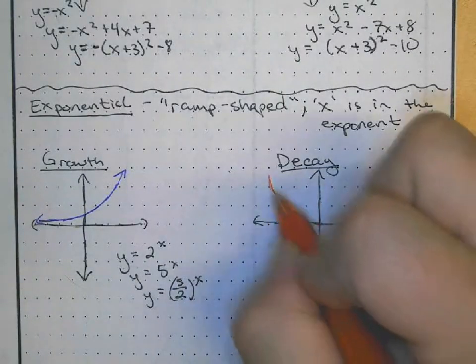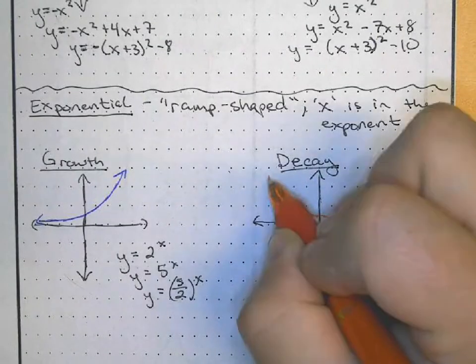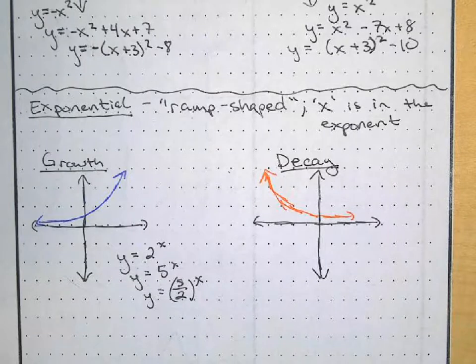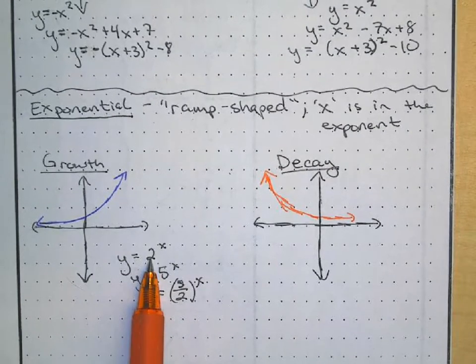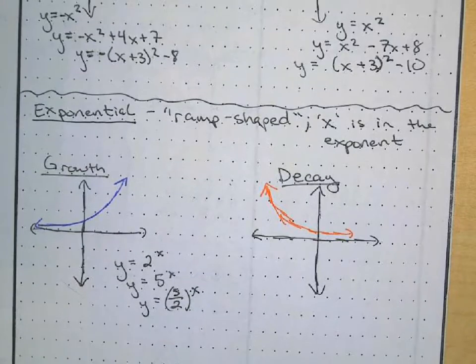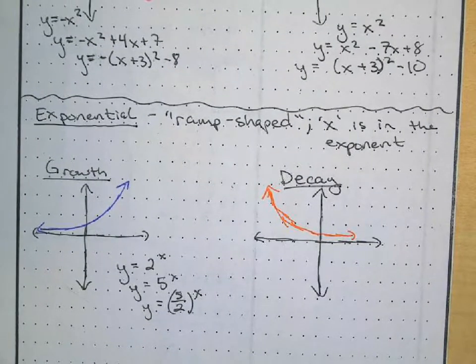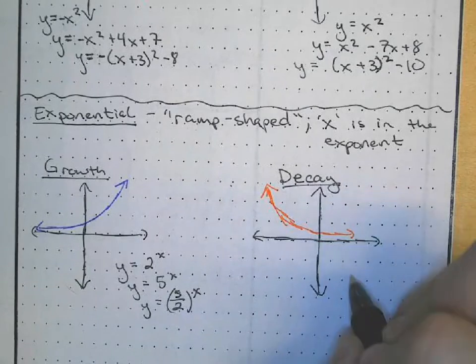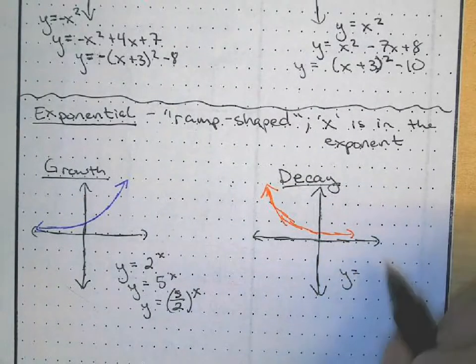Now I have the other side of my half pipe, this quarter pipe, but I'm decreasing from left to right. And for this one, the base value is now less than 1. So any number between 0 and 1. We're not going to look at negatives today, but we might in the future. We're just looking at positive values less than 1, so they're all going to be fractions or decimals.